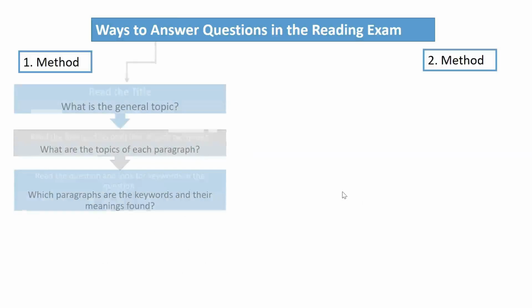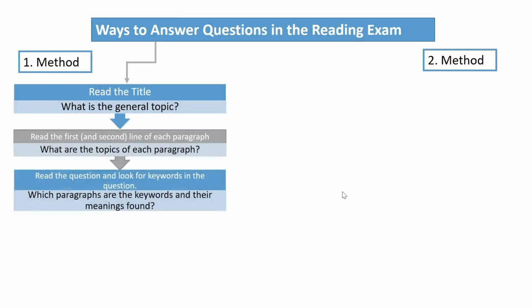We have two methods. The first one is you read the title, you find out the general topic, the general meaning, and then you read the first and the second line of each paragraph. So you can find out the topic of each paragraph. So if you have 10 different paragraphs, you'll find out the topic for each paragraph in general.